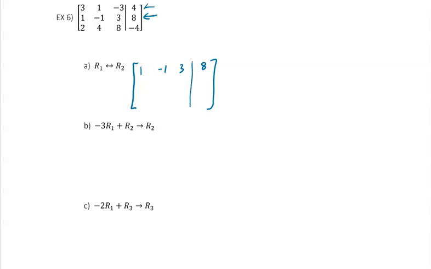Our new row 2 is going to be what row 1 was. 3, 1, -3, 4. And then row 3 we haven't touched at all. So 2, 4, 8, -4.